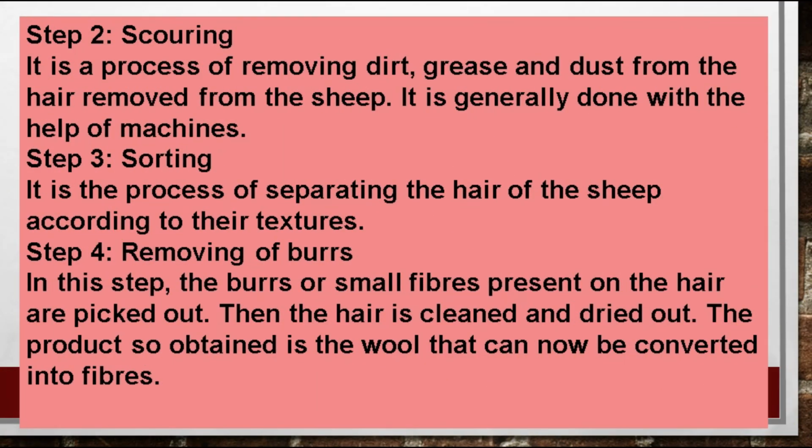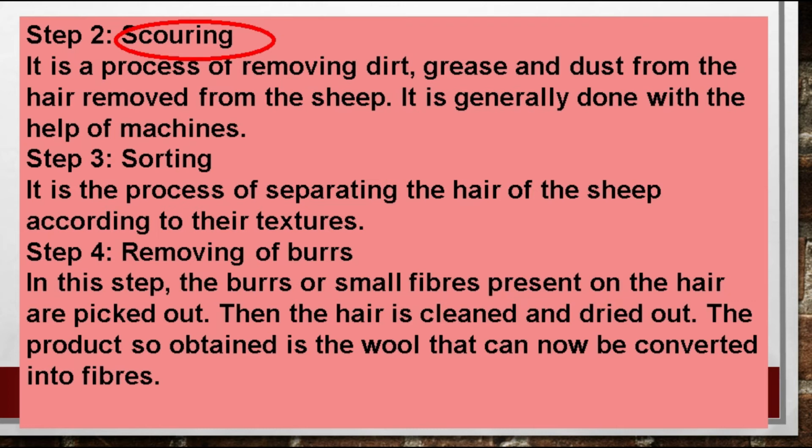Now students, after shearing, the next step is scouring. Students, the wool which has been shorn is known as greasy wool, and in this process dirt, grease or dust is removed from the fleece of the sheep, and it is done with the help of different kinds of machines.